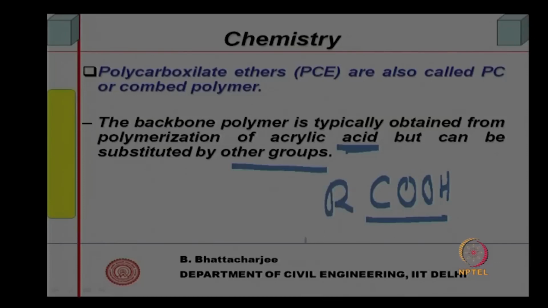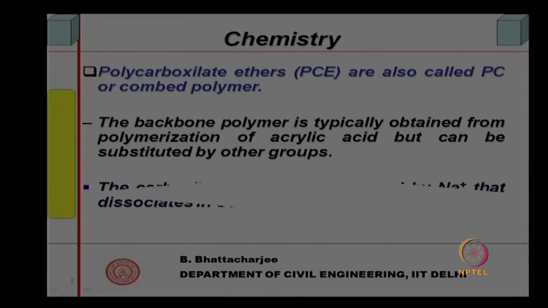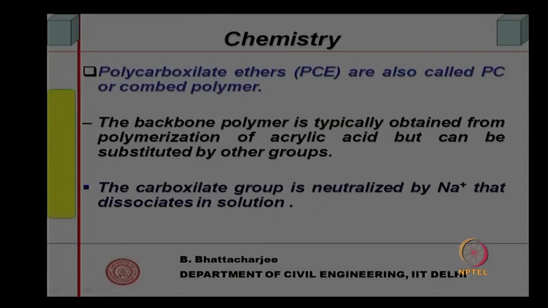There is a lot of possibility, that is why many groups can act here, and this group is finally neutralized by sodium that dissociates into solution. In solution sodium gets separated out, leaving everything else negative, which can get attached to the cement particle.